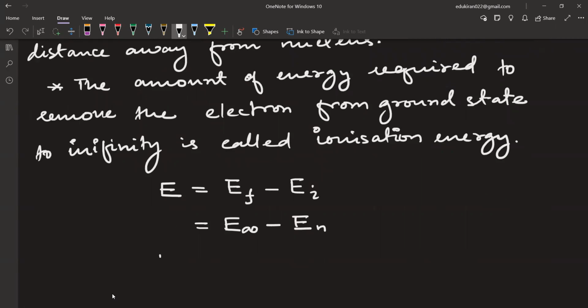then the energy required to remove the electron will be E infinity क्या होगा? 0 minus En will be equal to how much? अभी हमने देखा था एक फॉर्मूला minus 13.6 Z square upon N square, and here what we have taken, N is equal to 1. This will be what? Electron volts per atom. अगर एक atom को हम निकाल रहे हैं, here what we have taken, N is equal to 1.